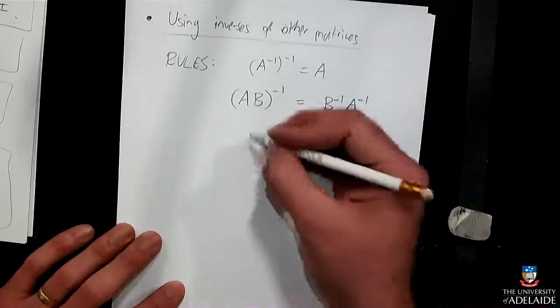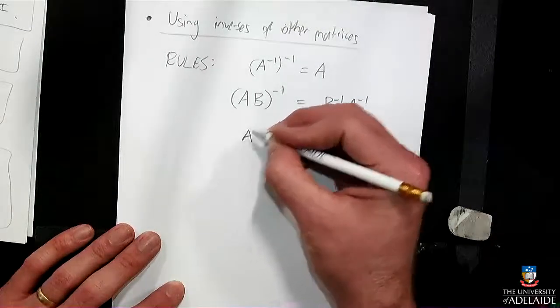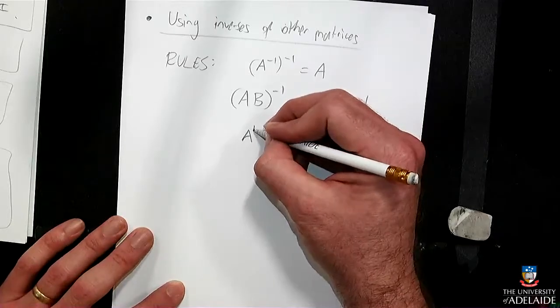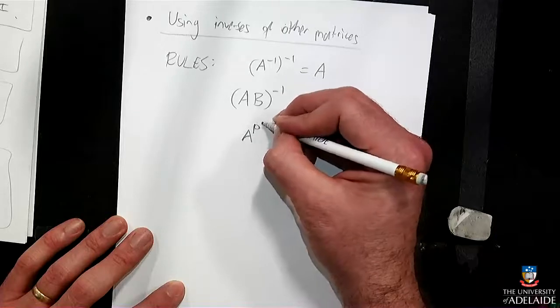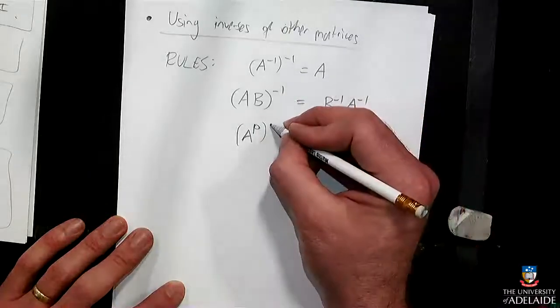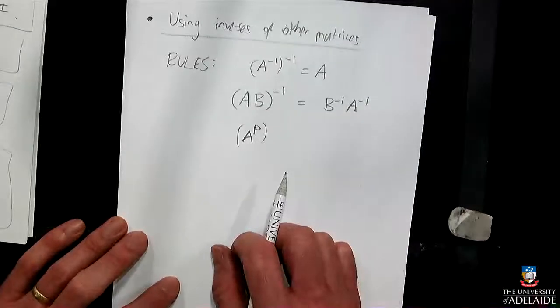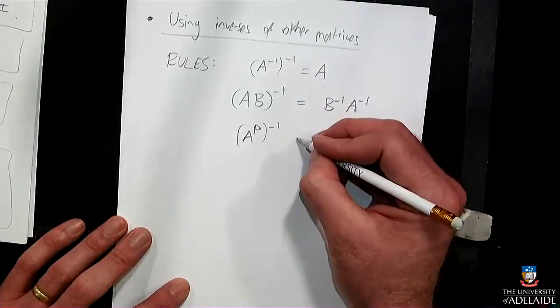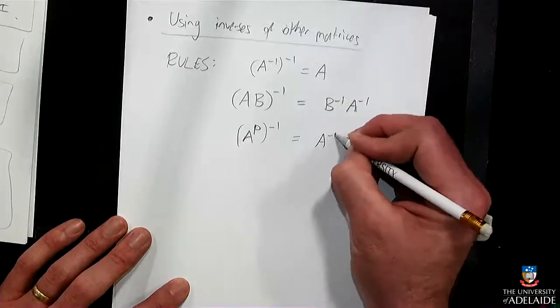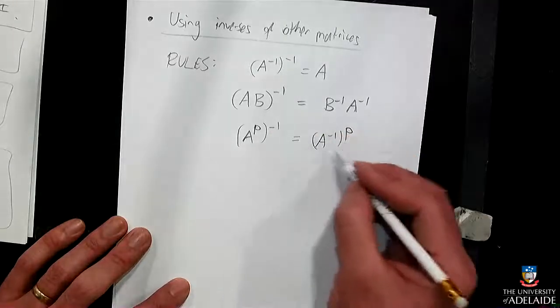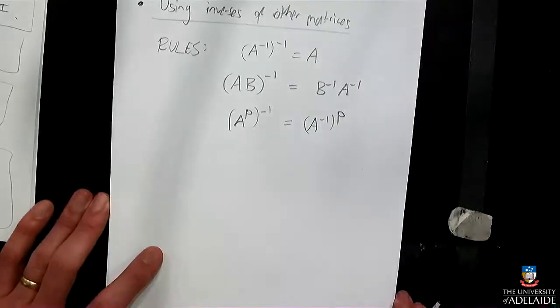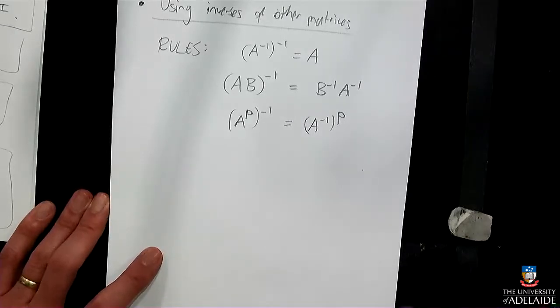And you can extend this rule to A to the P: A to the P, inverse, is the same as A inverse to the P. That's useful to know. And what are the other operations we can do?